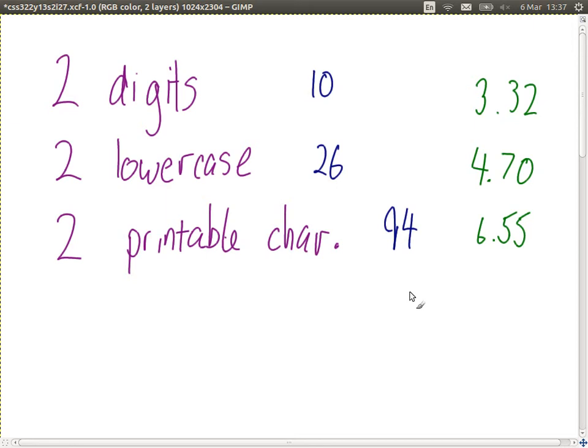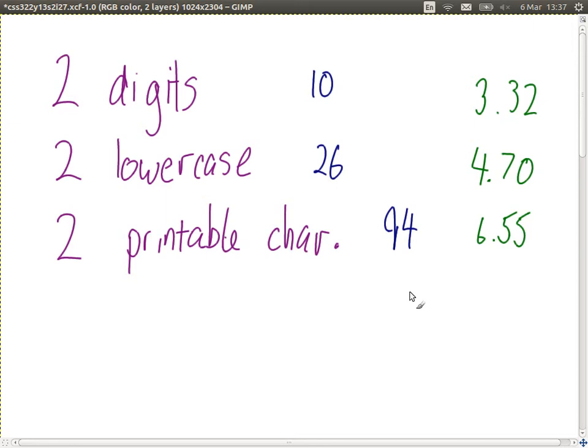So in fact, because we have 2 digits, the entropy of a 2-digit number is what? Well, we have 100 possible values, 10 times 10. Log base 2 of 100 is what? Calculator?